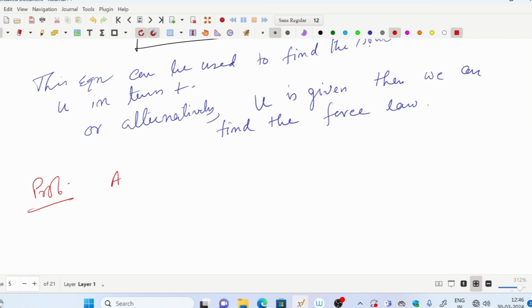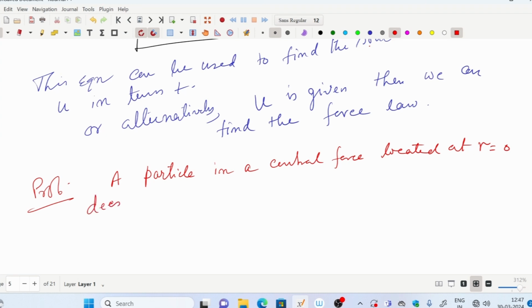A particle in a central force located at r equal to 0 describes the spiral trajectory, which is given by r equal to e to the power minus θ.